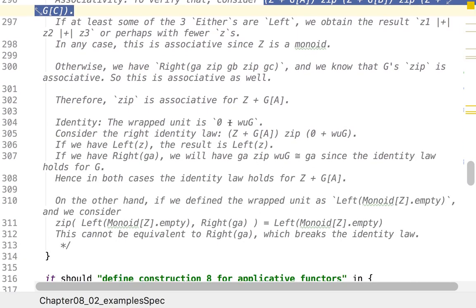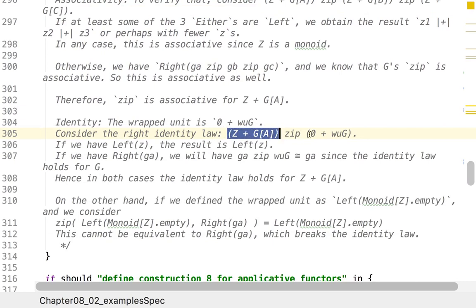The wrapped unit, we need to make a short computation here. So for example, we have this, zipping it with that. If this is on the left, the result is again the left, which is exactly the same. And so that's identity law.